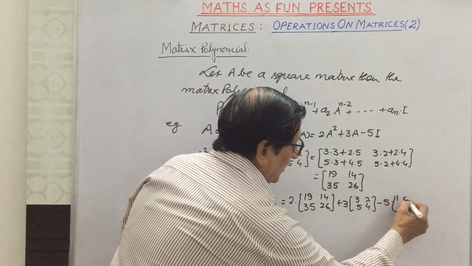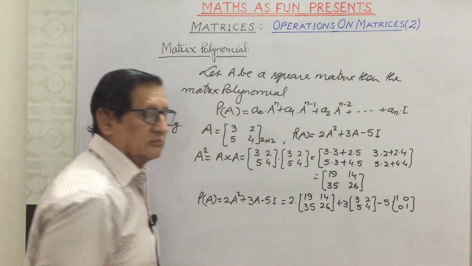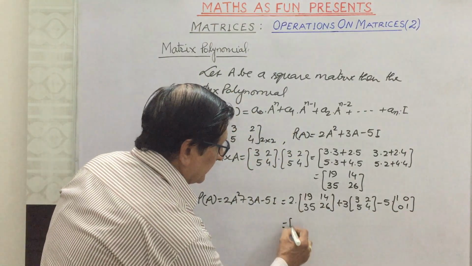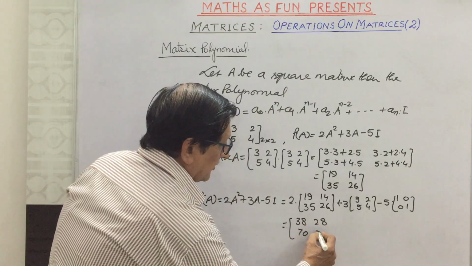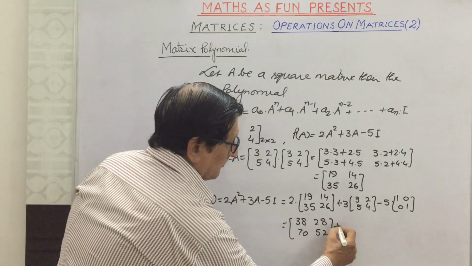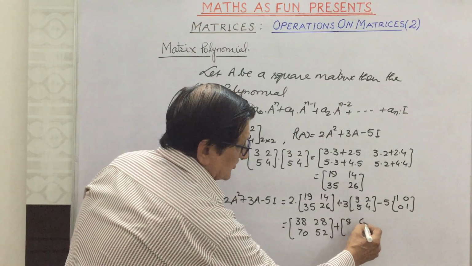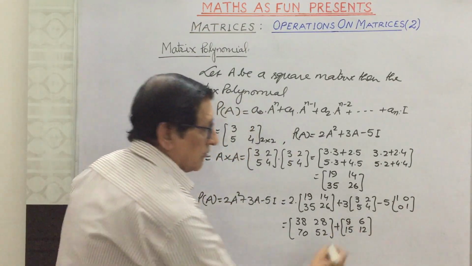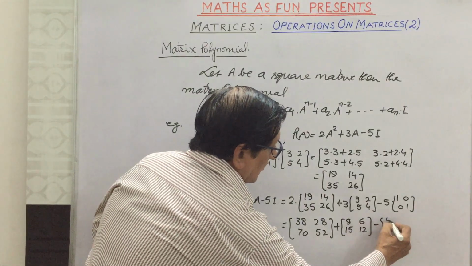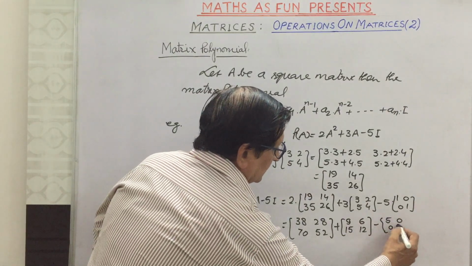So this is [1, 0; 0, 1]. Simplifying, we are getting here [38, 28; 70, 52] plus [9, 6; 15, 12] minus [5, 0; 0, 5].